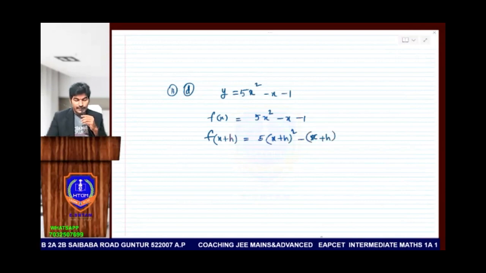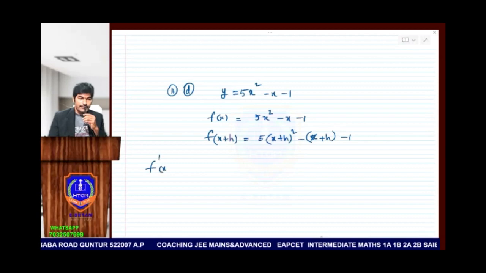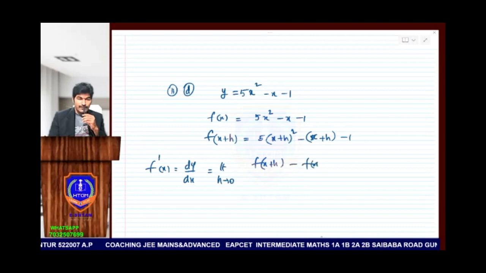Take brackets. If there is a minus, take brackets. And then minus 1. Now, f dash x or dy by dx, you can call it, limit h tends to 0 from first principle. The formula is f of x plus h minus f of x by h.